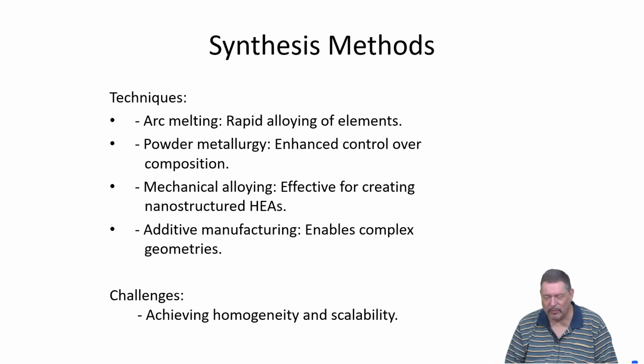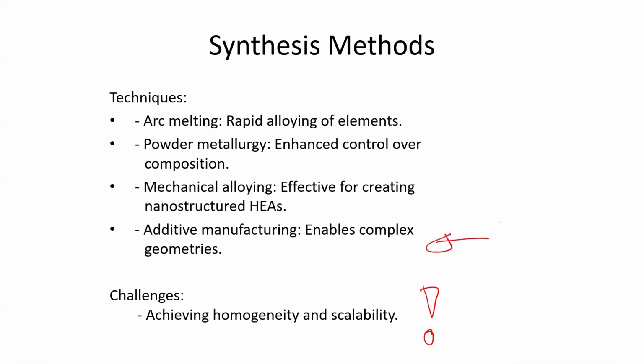So it's very important. And this is, I think, also leading to this point here. The challenges are achieving homogeneity and scalability. Right? So especially homogeneity is a big issue, and this is also why bulk processing in industry of high entropy materials is not yet established. I think maybe the first route where we really see this will be this guy here.